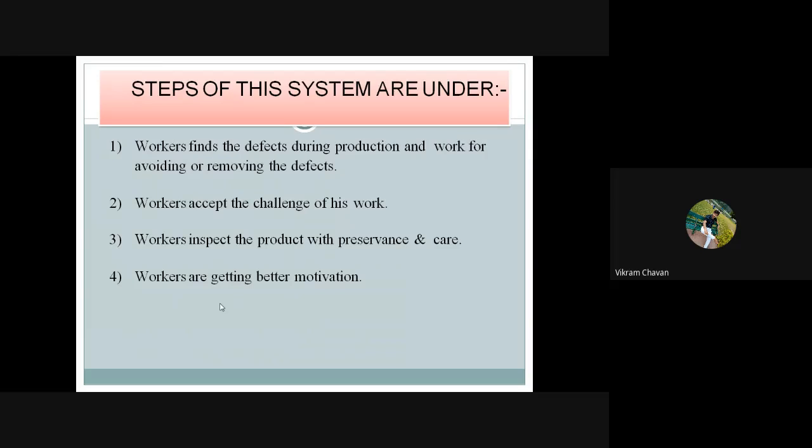Third one, workers inspect the product with perseverance and care. Last one, workers are getting better motivation.